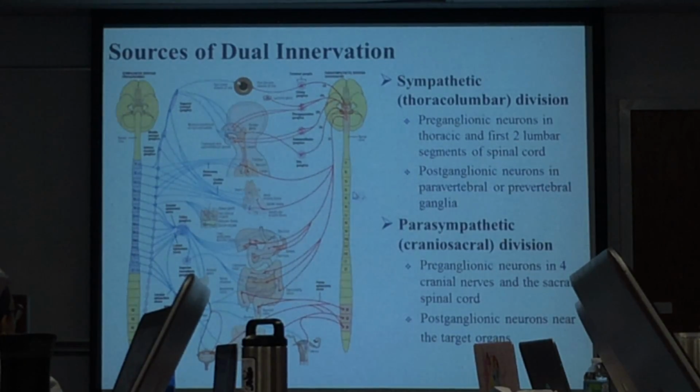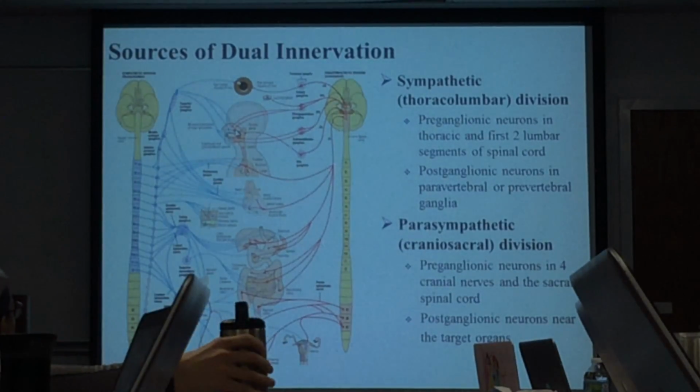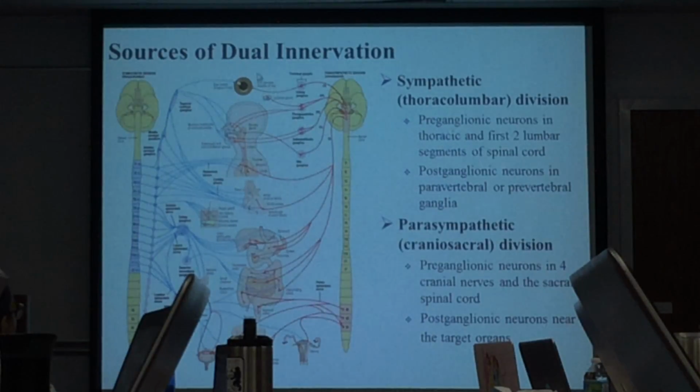But if you look at the projection from the parasympathetic system, it innervates 1 or 2 peripheral ganglia and 1 or 2 organs.